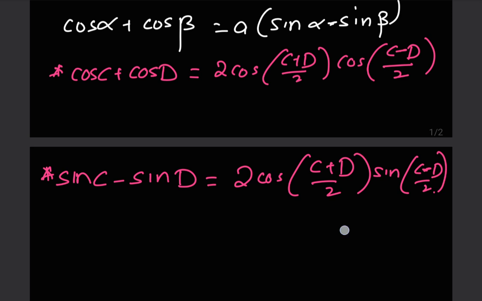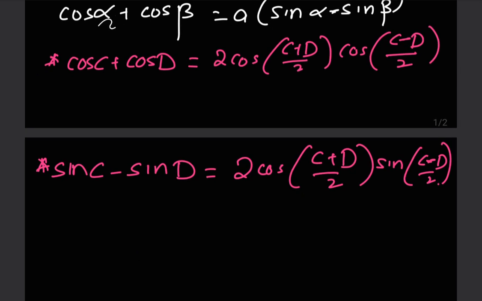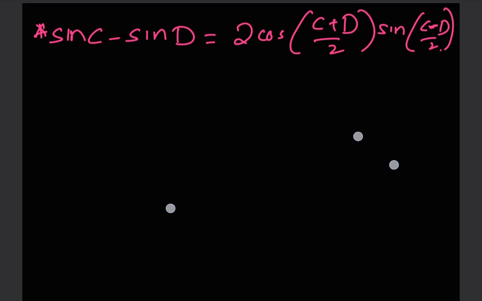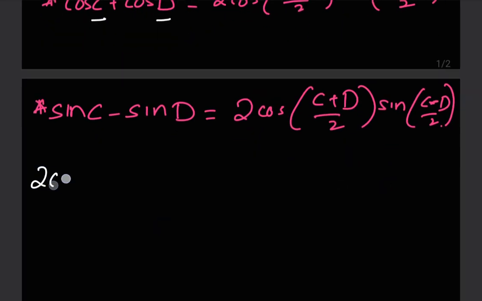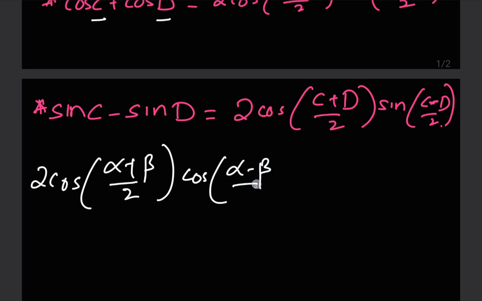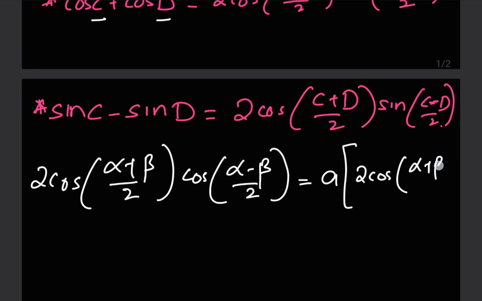Now if we substitute in the above equation, in the formula it is C and D, so we are just going to replace C and D with alpha and beta. So this turns out to be 2 cos alpha plus beta by 2 into cos alpha minus beta by 2. LHS part is over. Similarly, in the RHS, a into 2 cos alpha plus beta by 2 into sine alpha minus beta by 2.